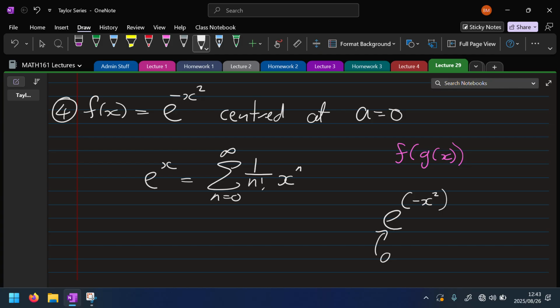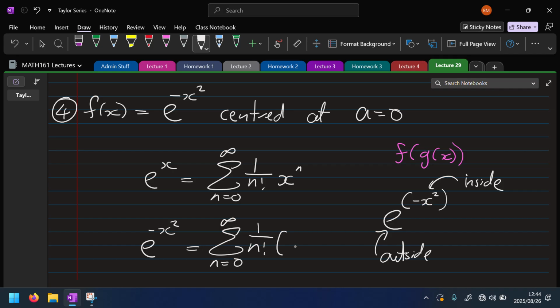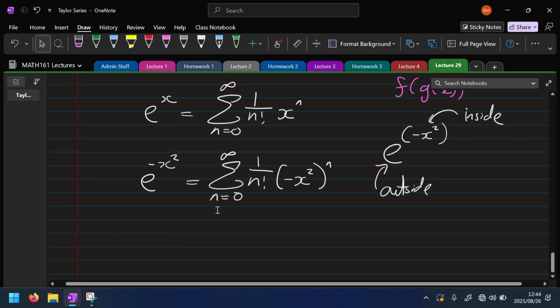So we get our Taylor series here, that's the outside part, and inside we put minus x squared. We've got outside function and inside function. Does everyone see that? Take your silence as a yes.